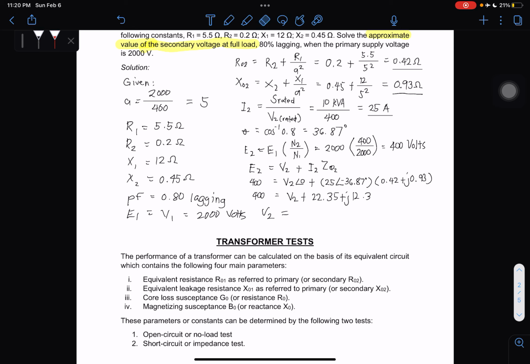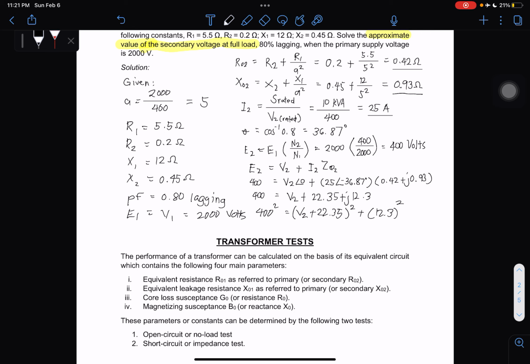So 400 squared is equal to V2 plus 22.35 squared plus 12.3 squared.